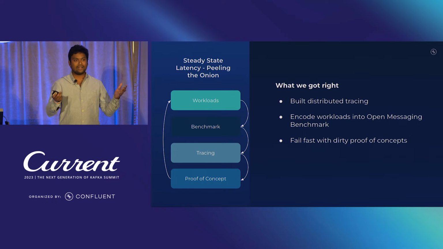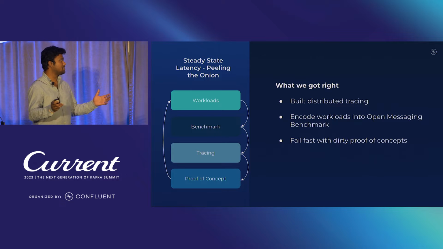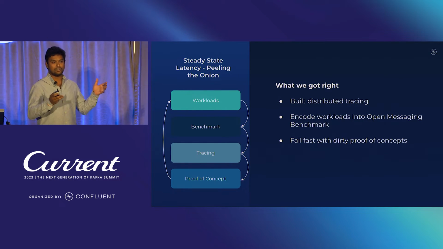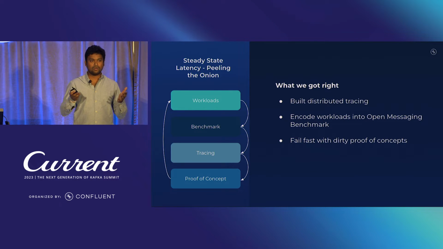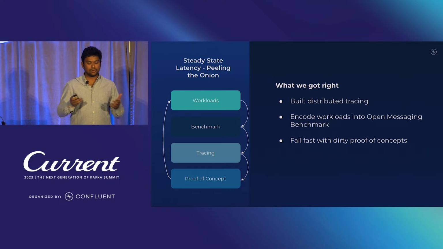What we got right in the first attempt was that we built distributed tracing inside Kafka. Then we took all these workloads that we were observing in Confluent Cloud and encoded them into Open Messaging Benchmark. It's a very expressive benchmark because it gives us all the aggregate latencies end to end.